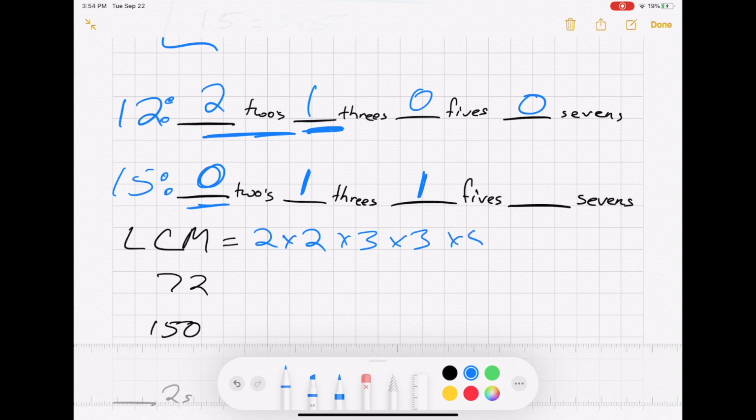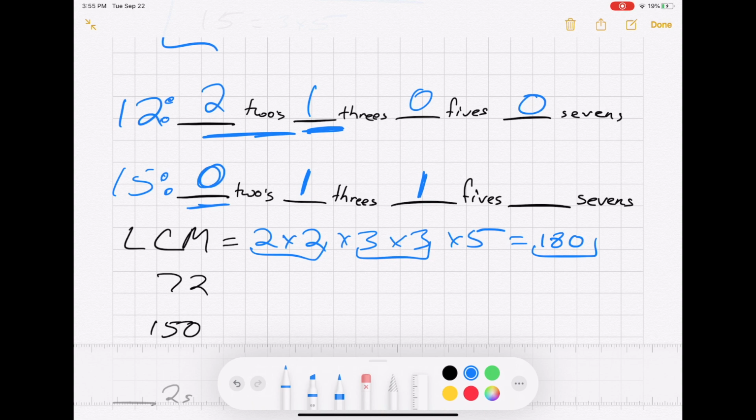And 1 5. Okay, so this would be equal to 4 times 9 times 5. So that would be 180. And so that would be the lowest common multiple for those two numbers.